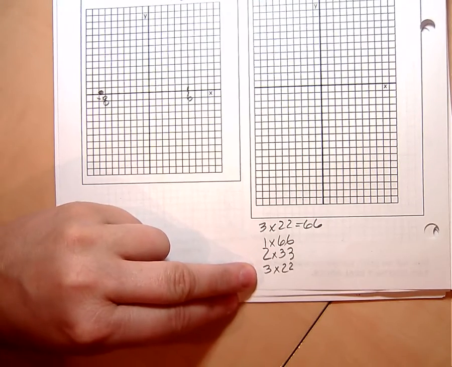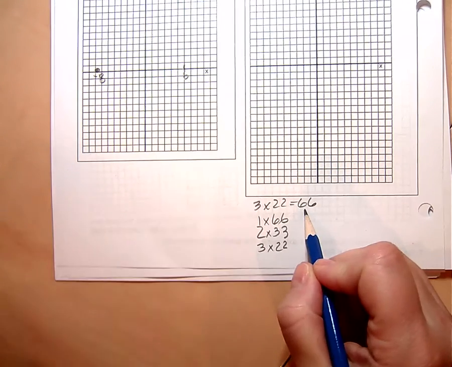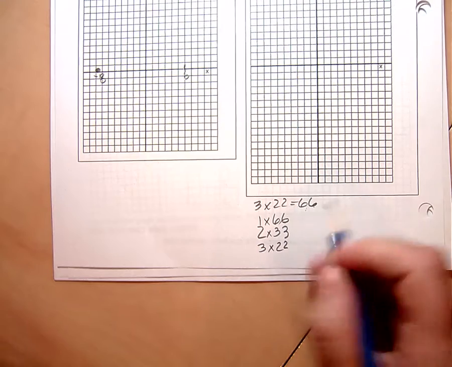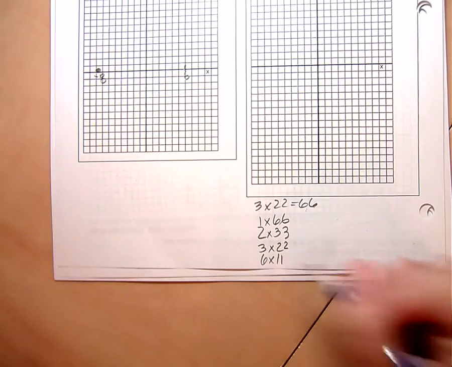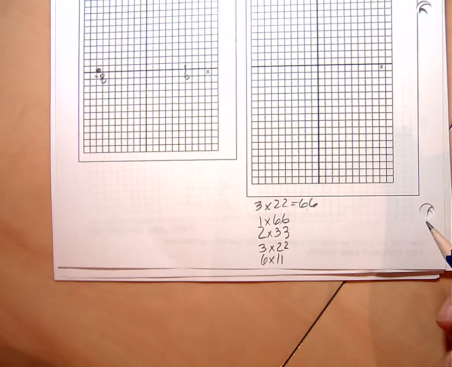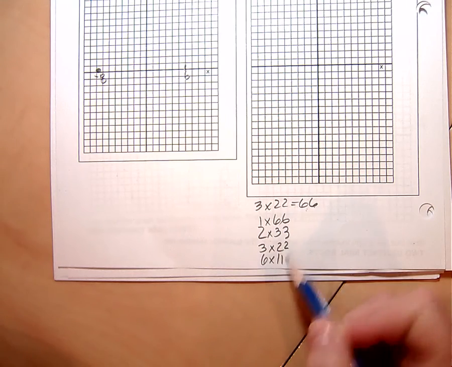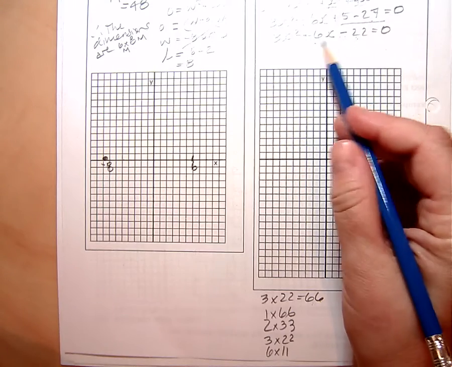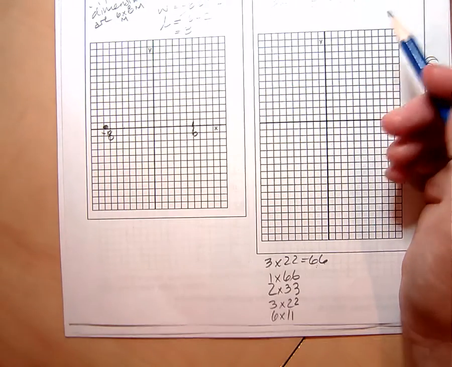So let's keep going. Does 4 go into there? No. 5? No. 6? Yeah, of course 6 goes in. 6 times 11 is 66. So none of these have a difference that subtracts to 6. So that means we're going to have to use the quadratic formula.